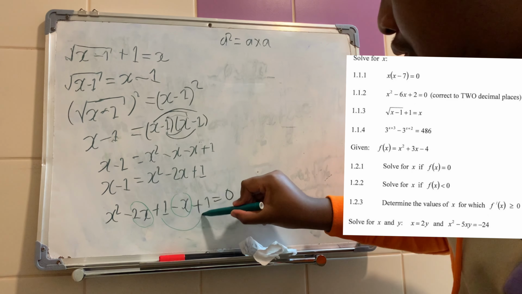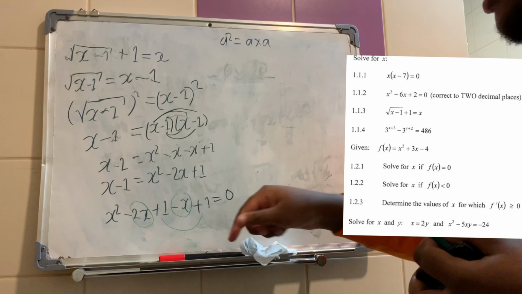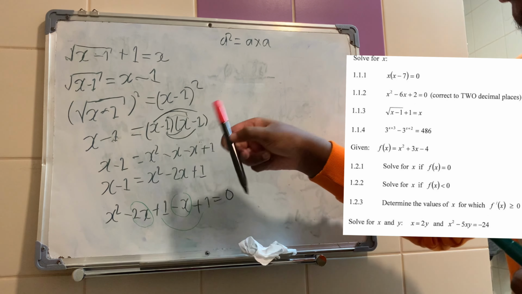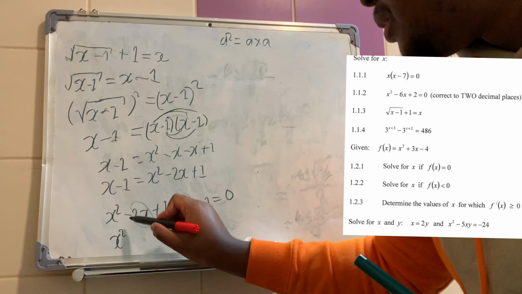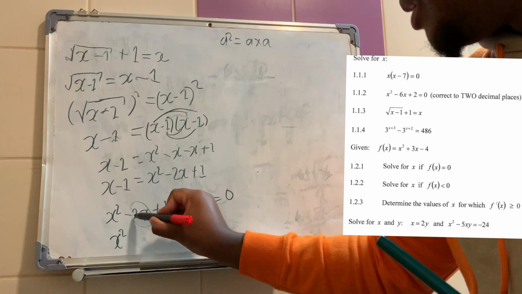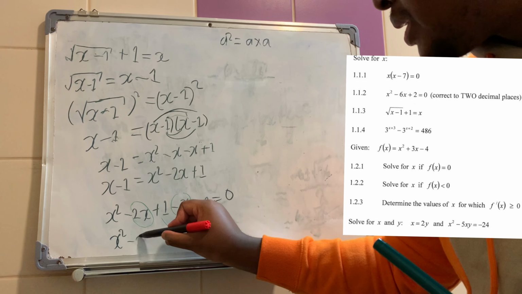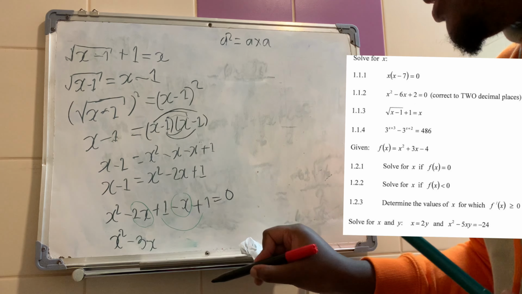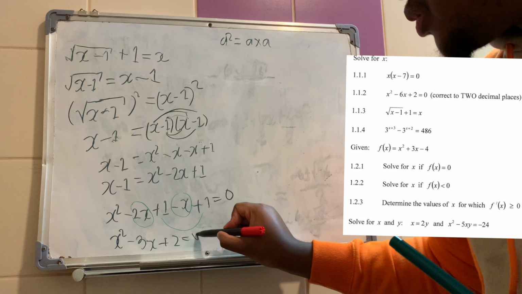So you have x squared, minus 3x, plus 2 is equal to 0.